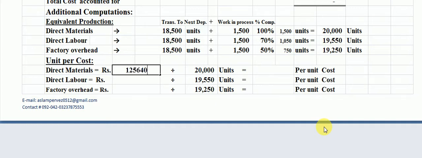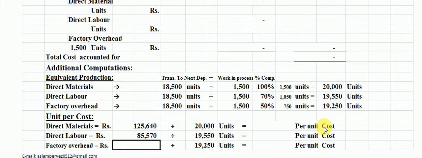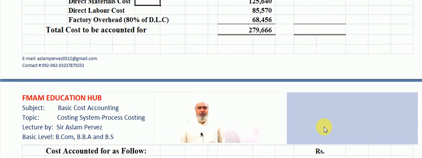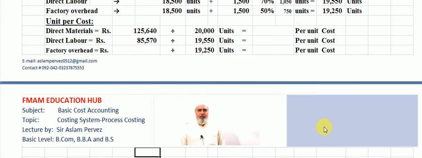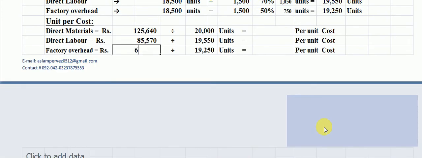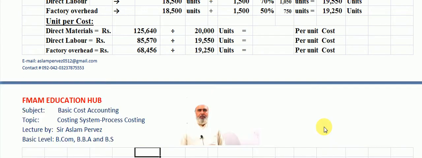Now cost about material is 1,25,640 rupees, same as 85,570 rupees is the direct labor cost and the factory overhead cost is 68,456.